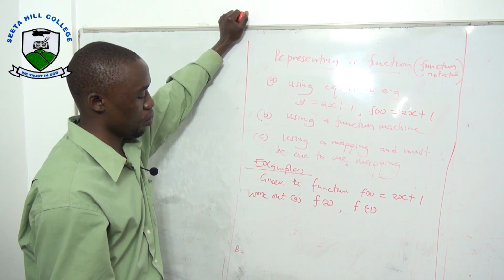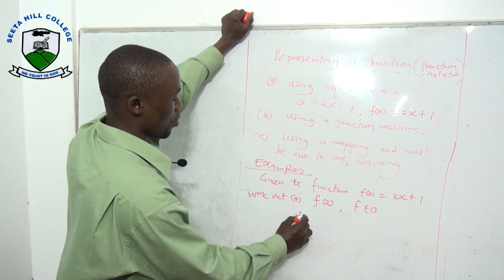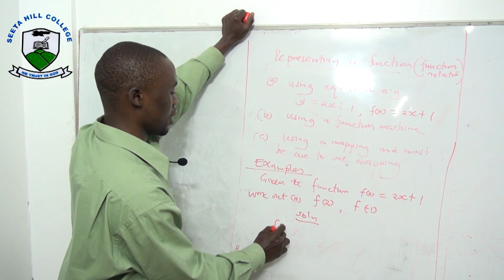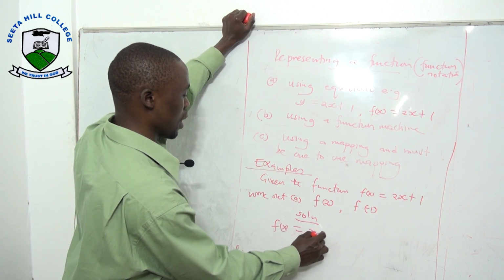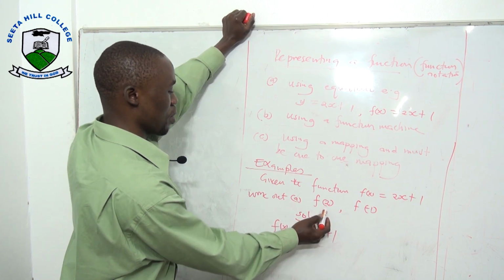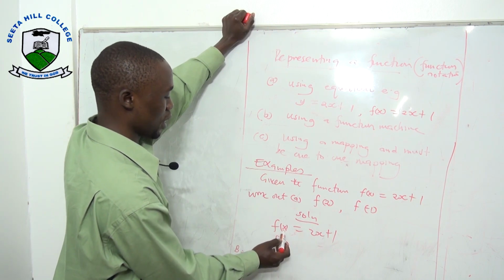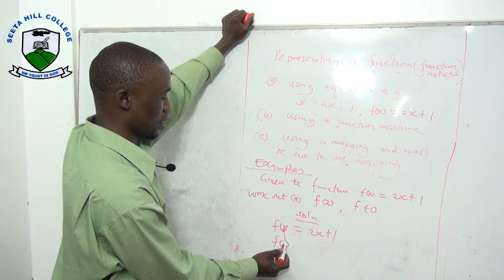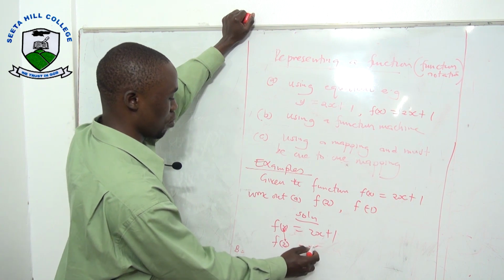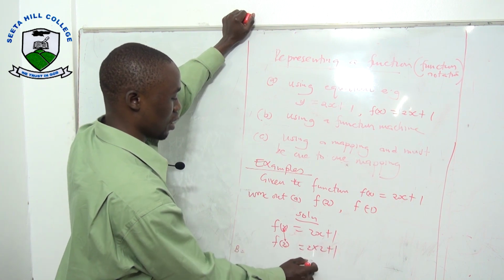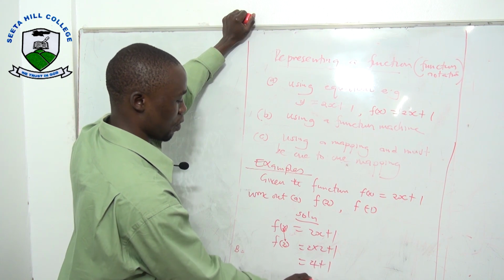How do you develop that? Now, you see, when it is f(x) is equal to 2x plus 1, that simply means if you say f of 2, the place of x has taken 2. That means 2 times 2 plus 1, which is 4 plus 1, giving us 5.